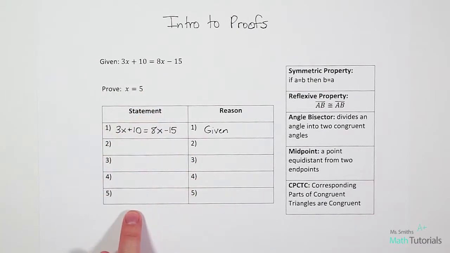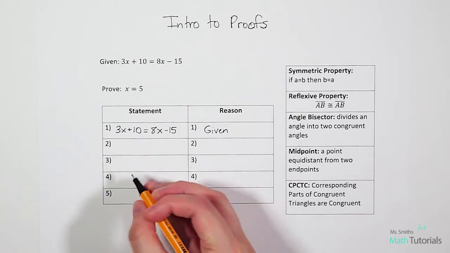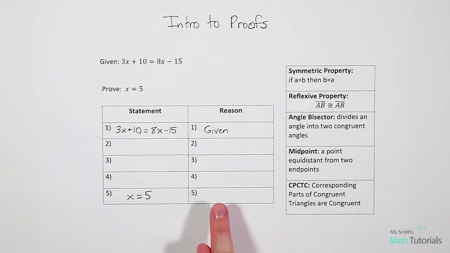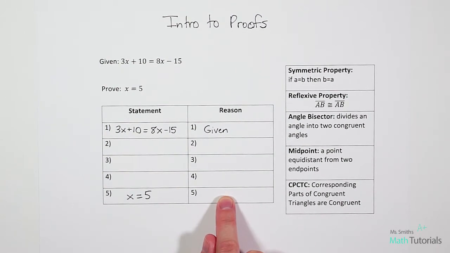So by the end of this table, our final statement should be x equals 5. Now we can't just put proven. We're going to have a reason here, and so we can't fill it out yet because we don't know what that reason is. But these 3 would be automatic points that you would want to make sure you get on a test or quiz.